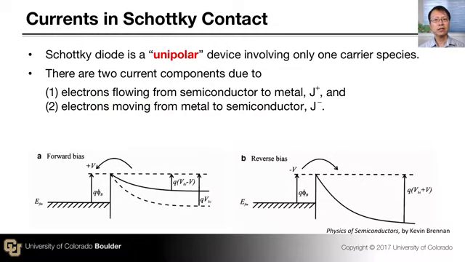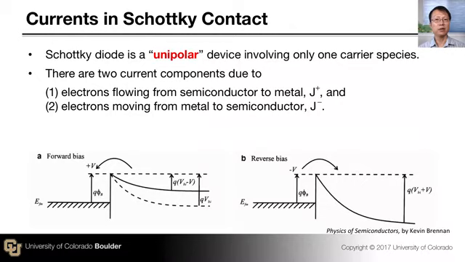Also, the Schottky contact is a unipolar device because you now have a metal and a semiconductor, which could be either N-type or P-type. Now, in this example, we're discussing N-type semiconductor. So the majority carriers of the semiconductor are solely responsible for the current.